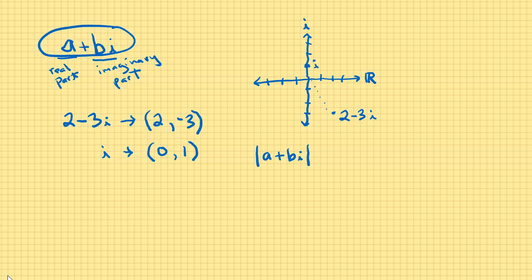And this will be important later on when you study complex form or trigonometric forms of numbers and so forth. I didn't do that very well, but it's the distance from 0. So this is the magnitude of a plus bi, and it's really just the distance formula. It's going to be the square root of a squared plus b squared.